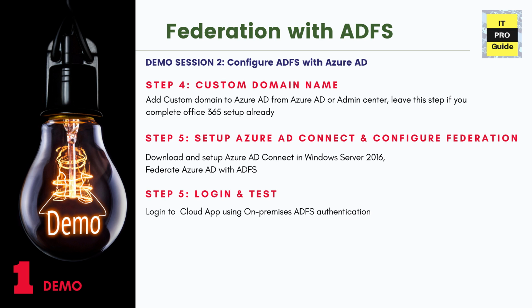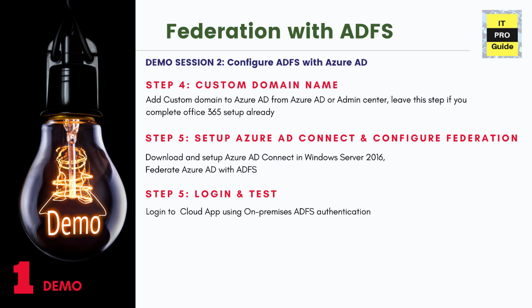So in this session 2, the first step is to add a custom domain name. Here my custom domain name is m365proguide.com, and the initial domain name or the tenant name is cloudlabs365.onmicrosoft.com. Once I add this custom domain name to my tenant, the next step is to set up Azure AD Connect.